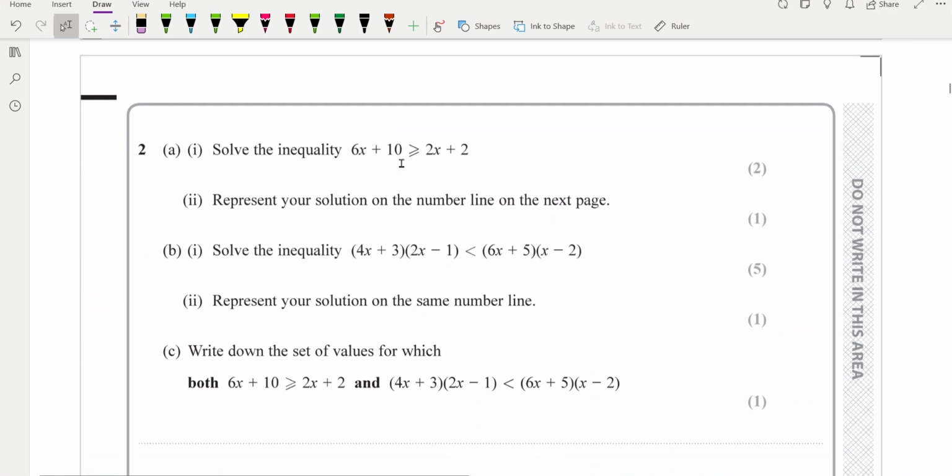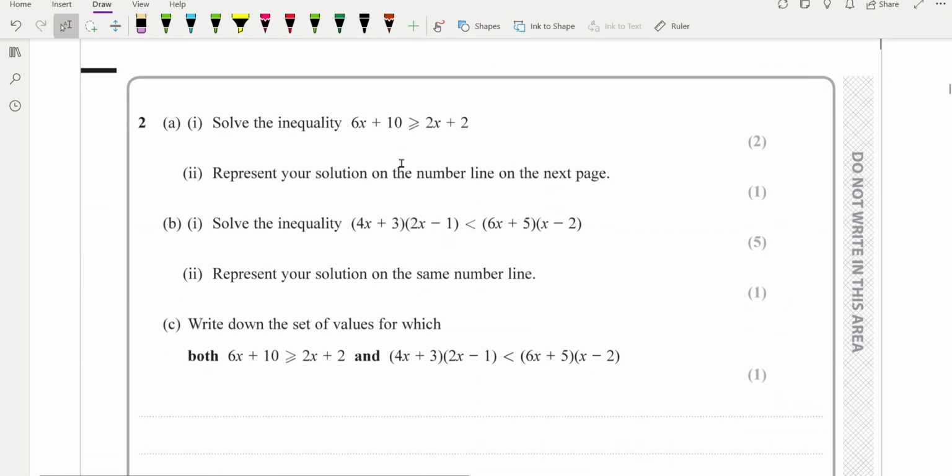Now, this is question number 2. Solve the inequality. This is the inequality provided which we have to solve.